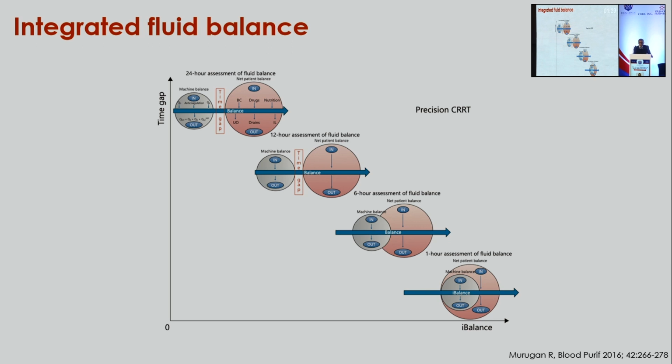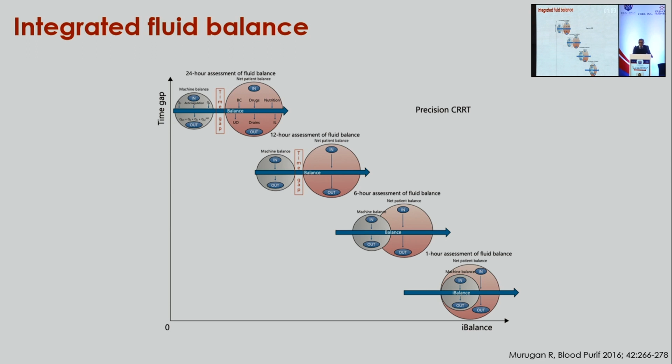And the greater the time difference between our assessment of the fluid status and setting up the fluid goal, the greater would probably be this discrepancy between the changes in the vascular volume and the fluid that is going into the patient and the eventual fluid that is coming out of the patient.